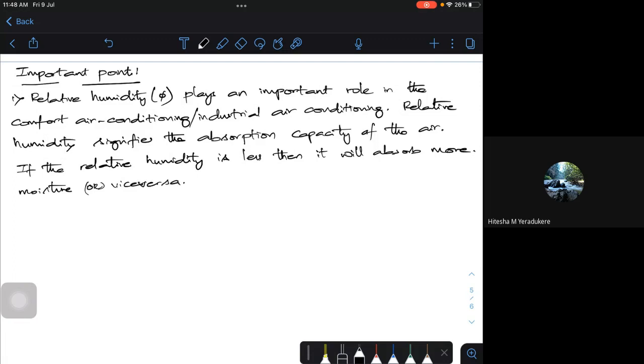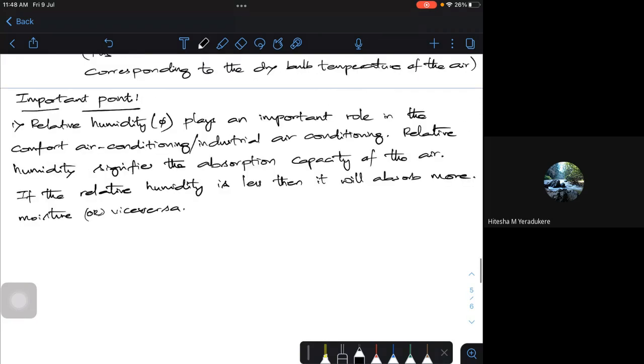If the number is more, it will absorb less moisture. So that's the meaning of it. This is a very, very important point. You should always remember when you are designing your air conditioning.